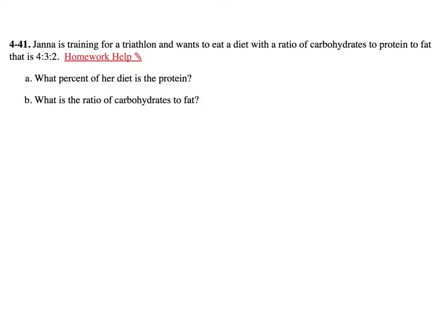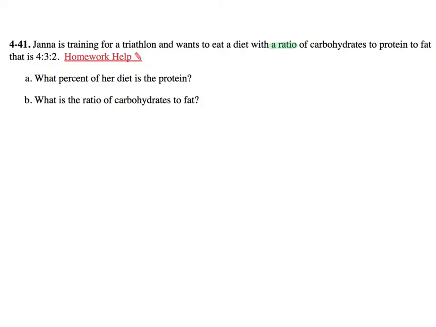So according to the directions, we have a person training, and the diet that she specifically wants to have has a ratio. When we have a ratio, they're explaining it to us in words. So right now I'm looking for the words that connect to the numbers. Let's color code them.